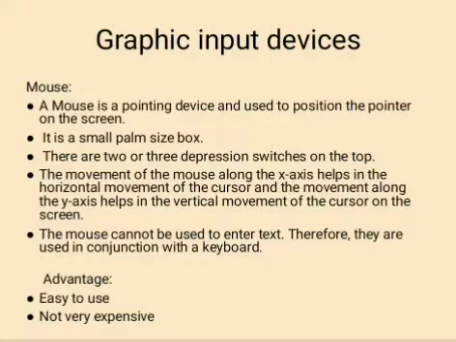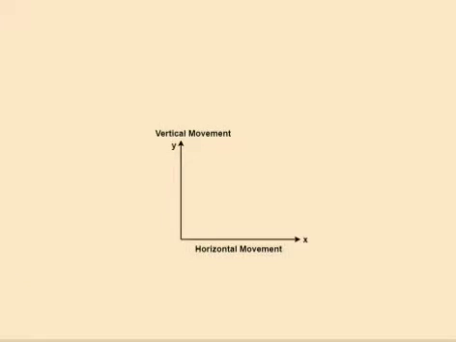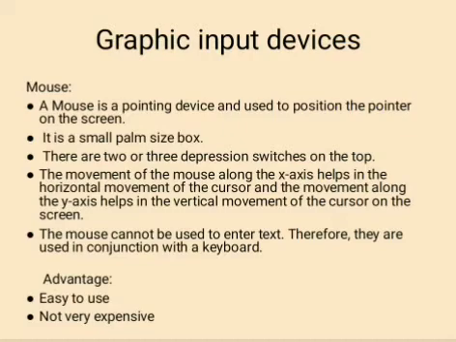Right click brings up a list of relevant menu items from which you can select the task. The mouse cannot be used to enter text because it is only for selecting. Here we can see the vertical movement and the horizontal movement in the diagram.